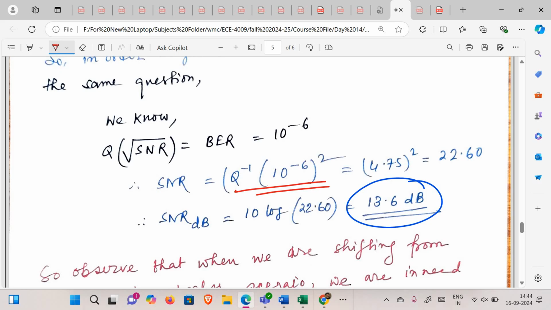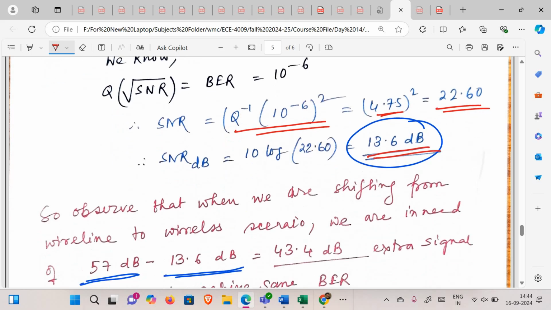Again, Q inverse is a table from which we can get this value for 10 to the power minus 6, and it comes to around 4.75. Take the square, we get the linear value, and finally we get the dB value over here. So what was the previous value? 57. Here what are we getting? 13.6.